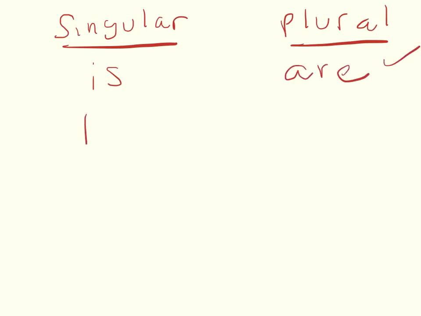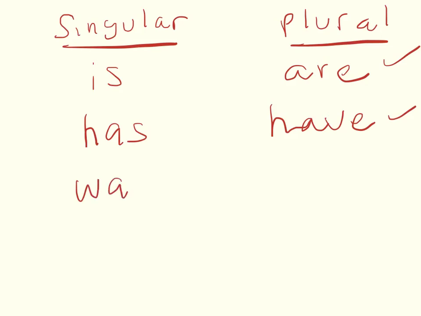Another singular verb, has. And the plural of has is correct. Have. Or another one, was. And the plural of that would be were.